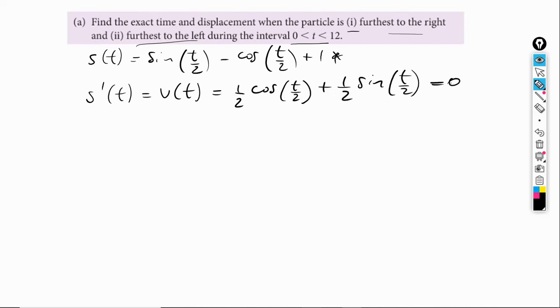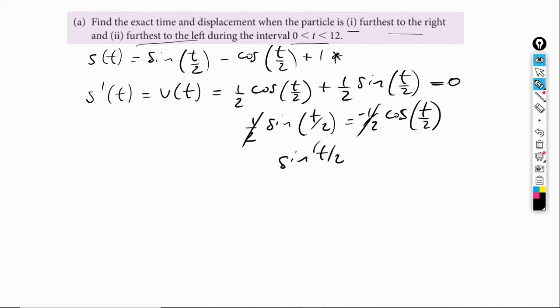Therefore, we're going to have 1/2 sine of t halves minus 1/2 cosine of t halves equal to 0. We can cancel the halves, and then we can rewrite this as sine of t halves over cosine of t halves must be equal to -1, which is the same as saying tangent of t halves equals -1.